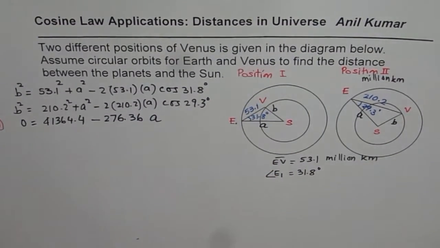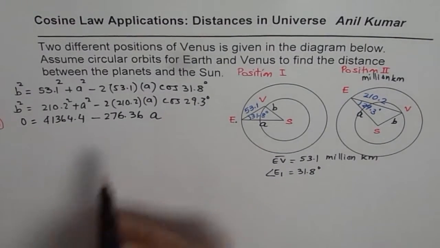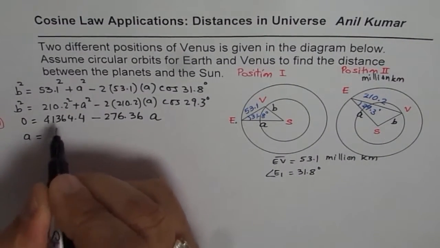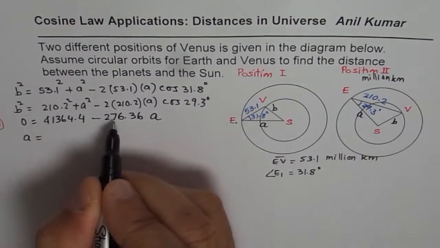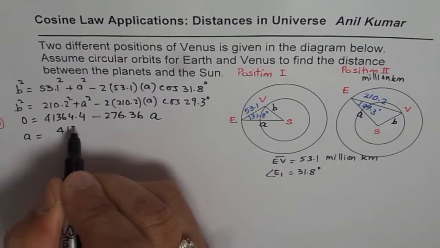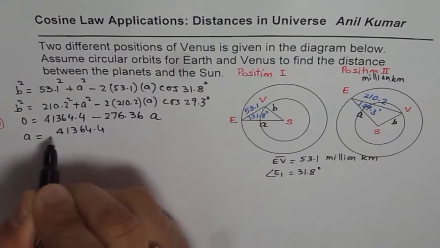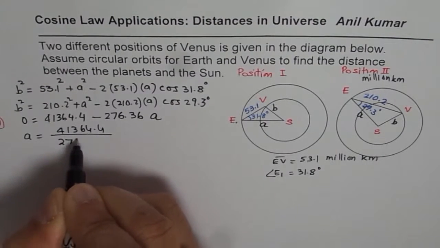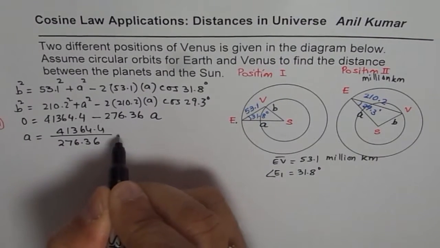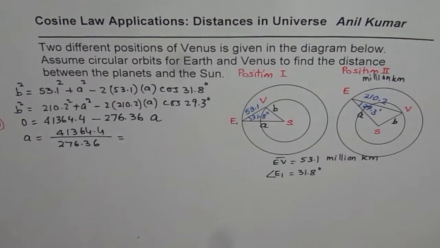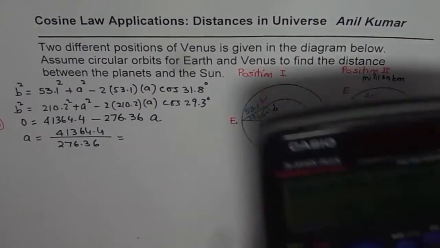Perfect. Now from here we can find the value of A. So A equals, when you take it to this side and divide, 41364.4 divided by 276.36, and all this is in million kilometers, right?